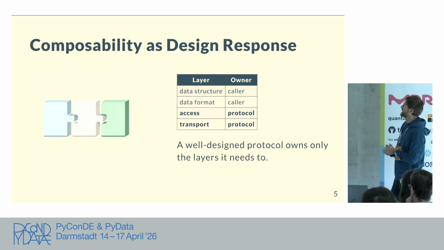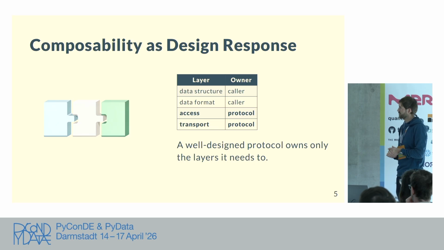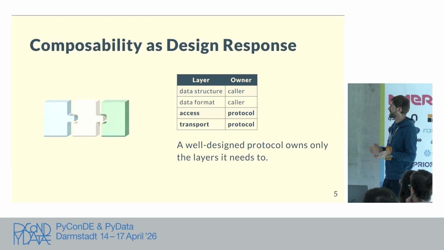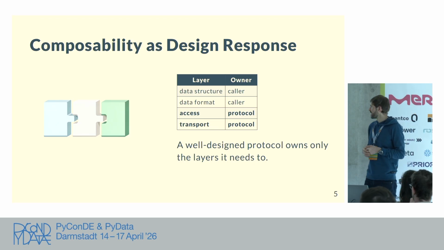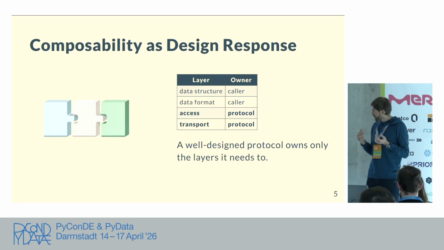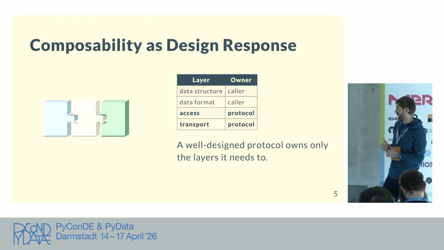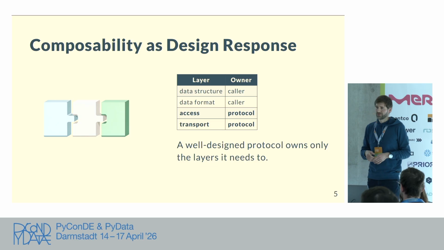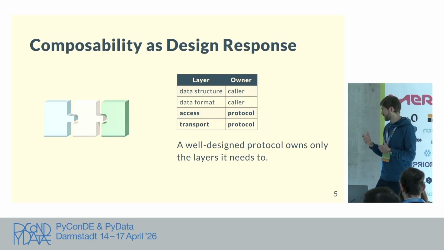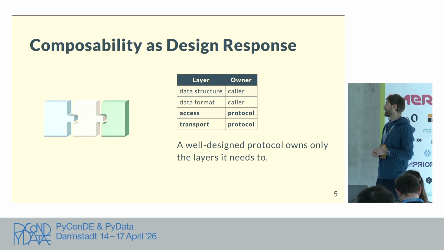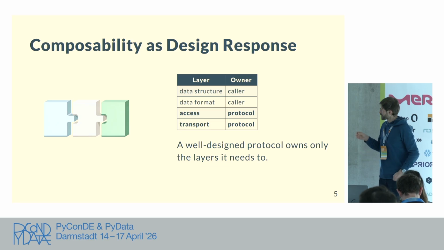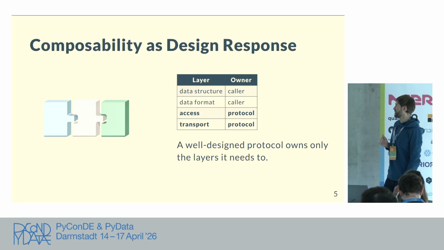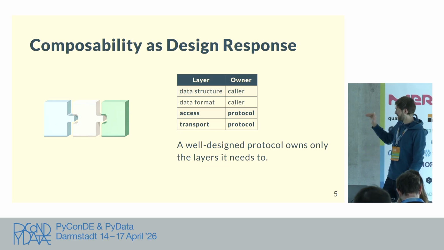The perspective that I'm showing here now is that composability is a good design response for this challenge, because it helps to separate the layers so that we can treat them separately. Usually, when we're talking about the data transport, which is different from the serialization format and the data quality and data structure, the transport protocol should actually govern the transport itself.